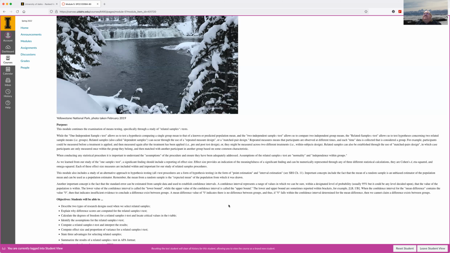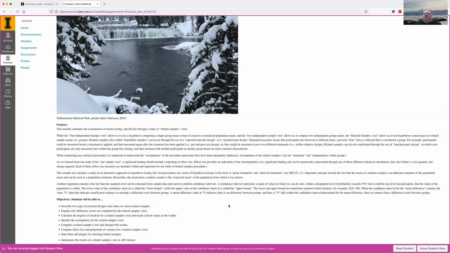Effect size provides an indication of the meaningfulness of a significant finding and can be numerically represented through any of three different statistical calculations. They are Cohen's d, eta squared, and omega squared. Each of these effect size measures are included within and important for our study of related samples procedures.